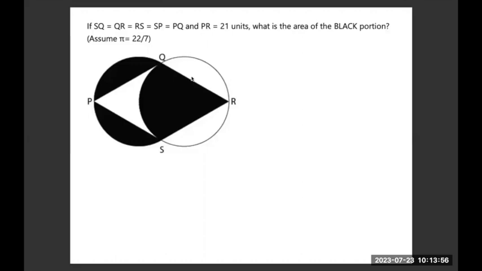So when I find the area of one circle, either circle QRS or QPS, I will be able to get the area of the black part, because this part can fit here and this part can fit here. What it means is the area of the circle is the area of the black part. Very simple relationship.